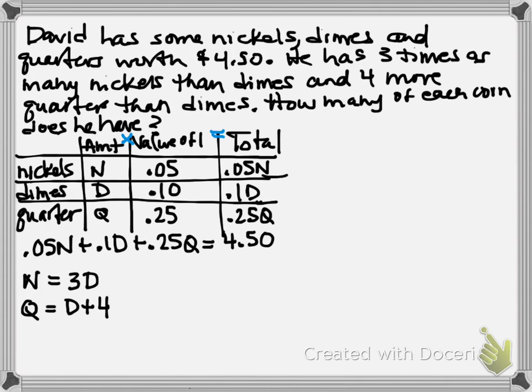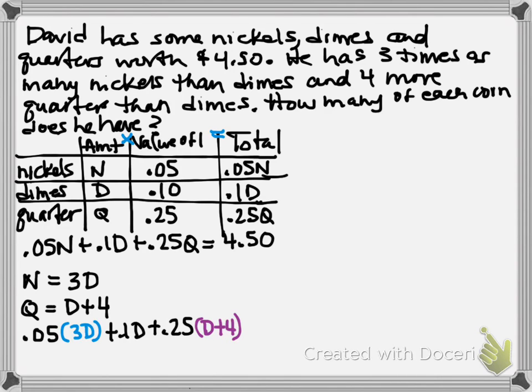So then I look and I go, oh, wait a second. If I replace nickels with what it equals, which was 3 dimes, and I have dimes, so 0.1 times D, and I replace the number of quarters with what we figured out, that was D plus 4.